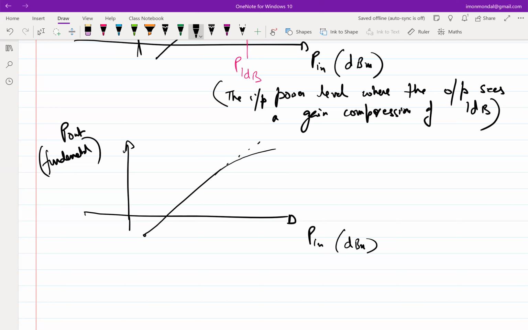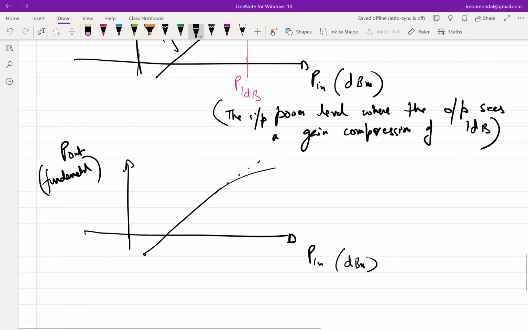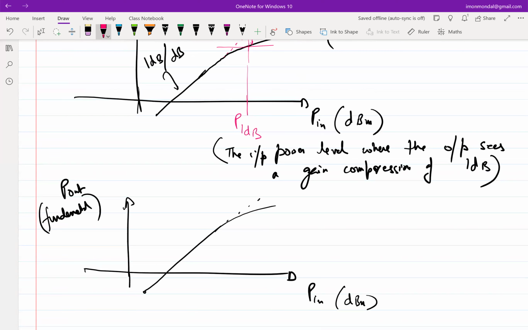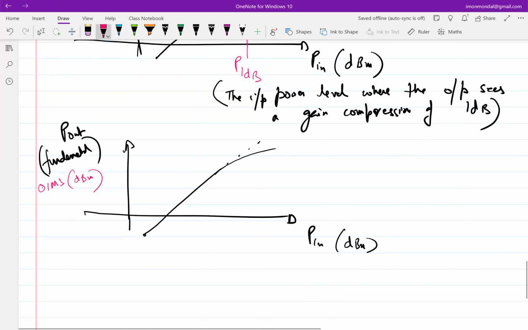So this is the fundamental plot. But if I plot on top of this the IM3, let's say output referred IM3, OIM3 also in dBm, then what should I get? It should start from somewhere, but what will be the slope? 3 dB per dB, right? And it is expected that it will go something like this.